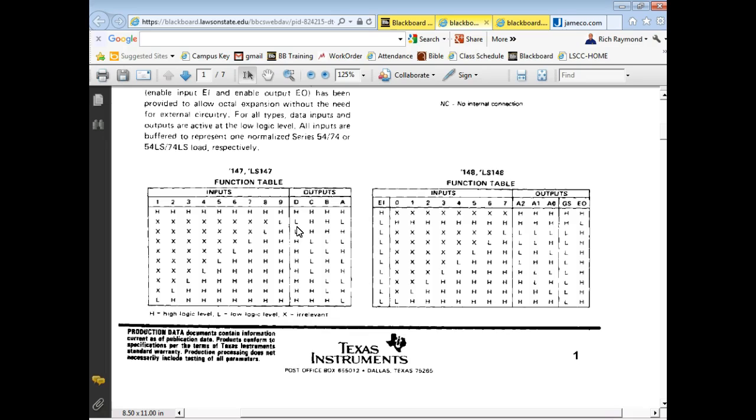So now you've got to see things backwards, right? Because it's a low active output. But look, if 9 goes low, what about all the rest of them? They don't matter. So that's what they're talking about, a priority encoder. So 9 has the highest priority.